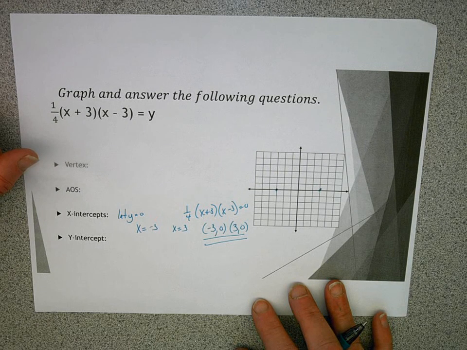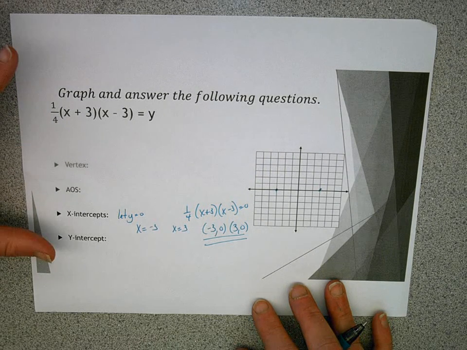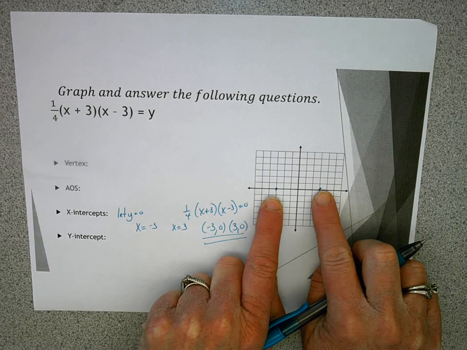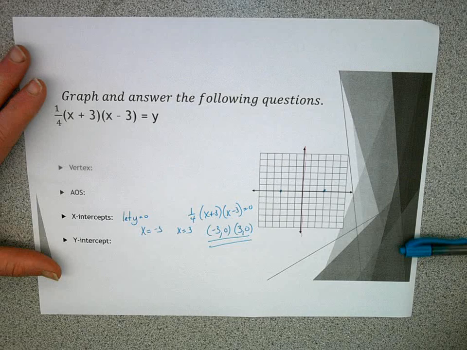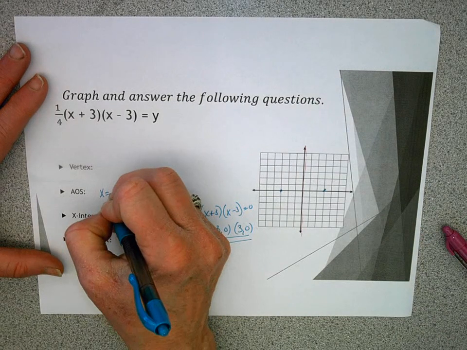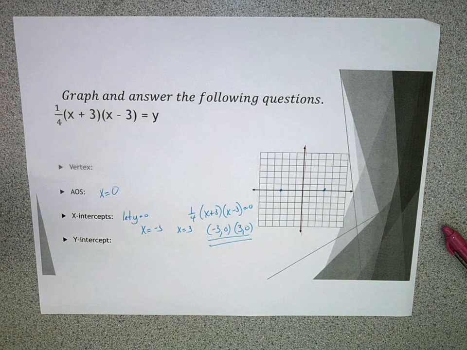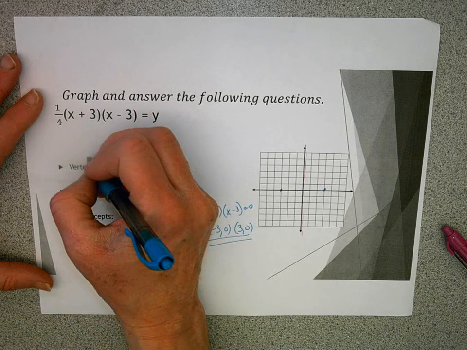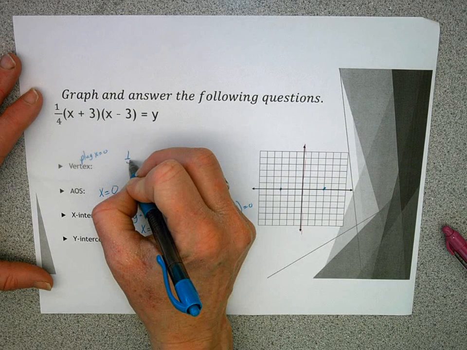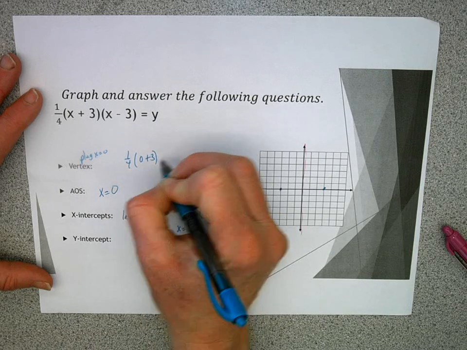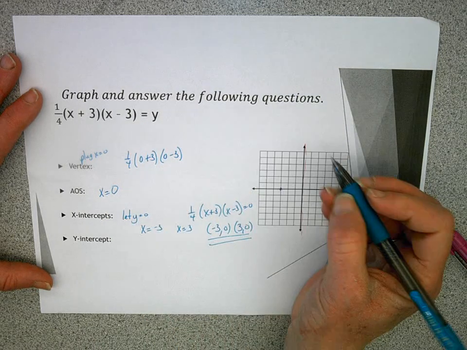Now that I know the x-intercepts, I can figure out the line of symmetry. The line of symmetry has to be right in the middle of that, which is x equals 0, because it's the middle of 3 and -3. To find the vertex, all you're going to do is plug in x equals 0. So 1/4 of (0 plus 3) times (0 minus 3) will give you your y value.